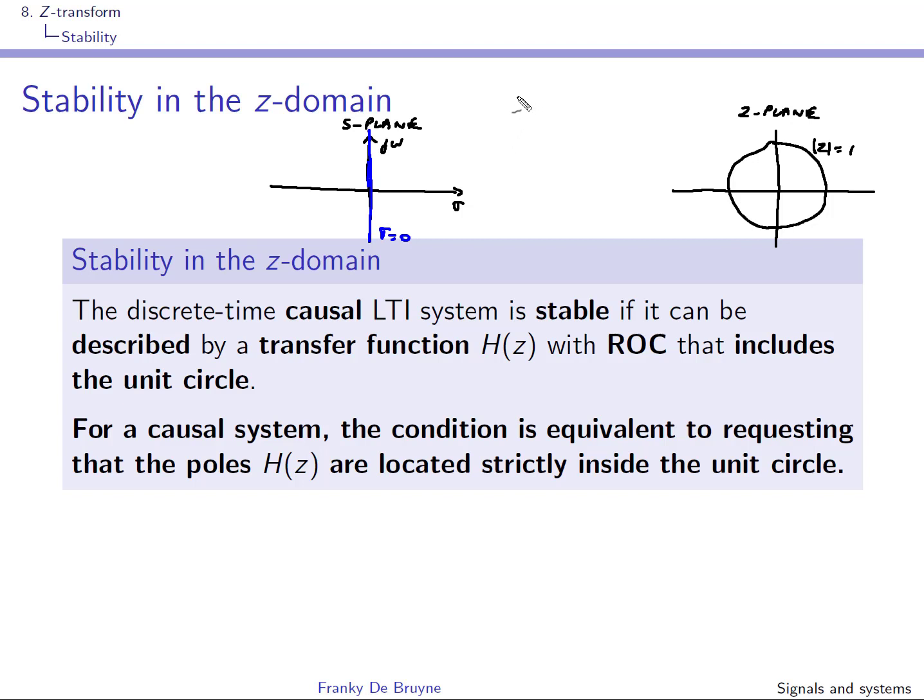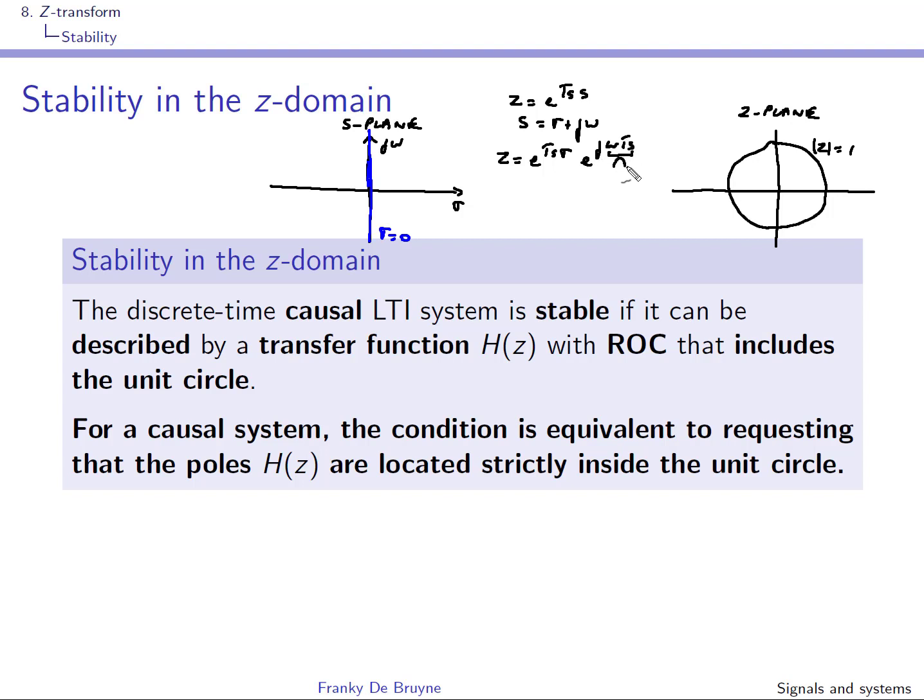And if we remember the relation between s and z, which is z equals exponential of T_s s, and if you remember that s, as shown over here, is sigma plus j omega, then you can write z as e to the T_s sigma times exponential of j omega T_s.